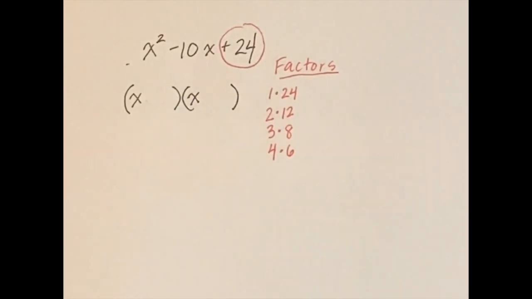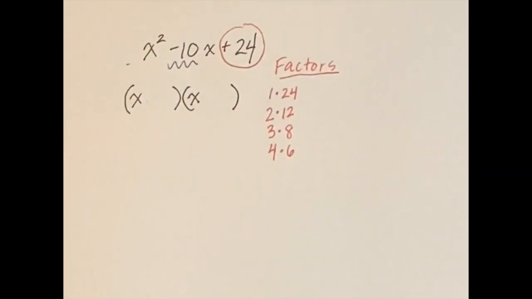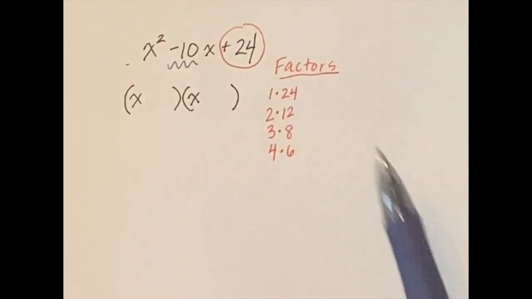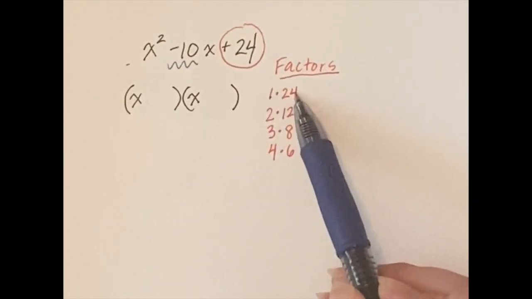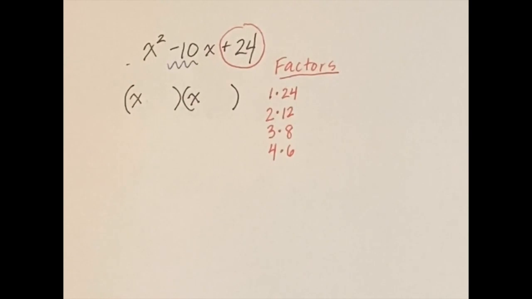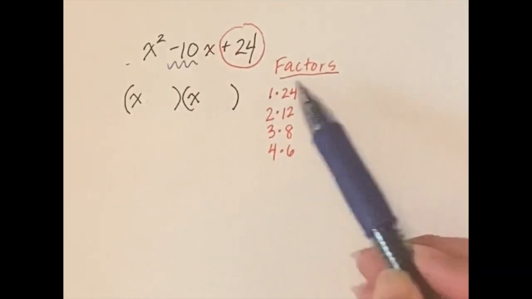But what about this negative 10 here in the middle? What do we do with that? Well, here's what you do with that. You have to find the two numbers that can multiply to that 24, but add up to negative 10. Wait a second, I just said add up to negative 10. All of these factors are positive.